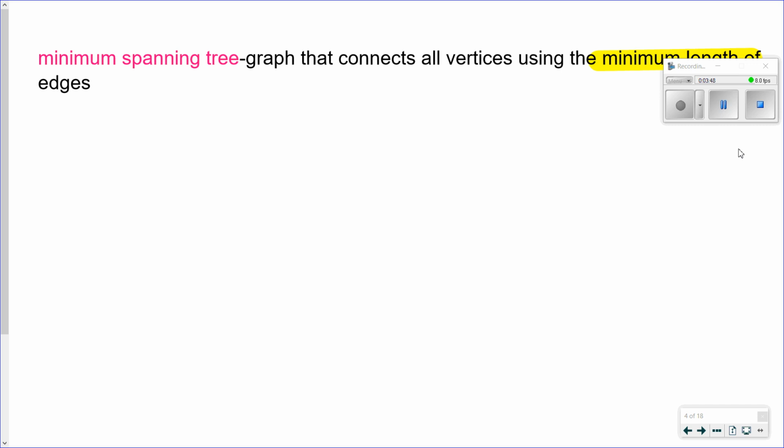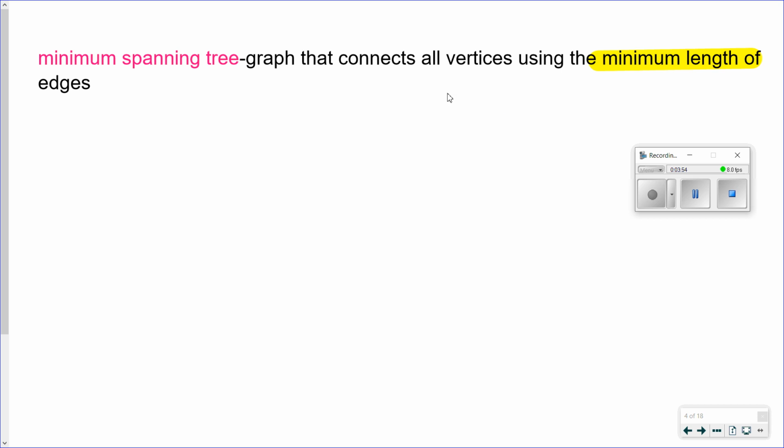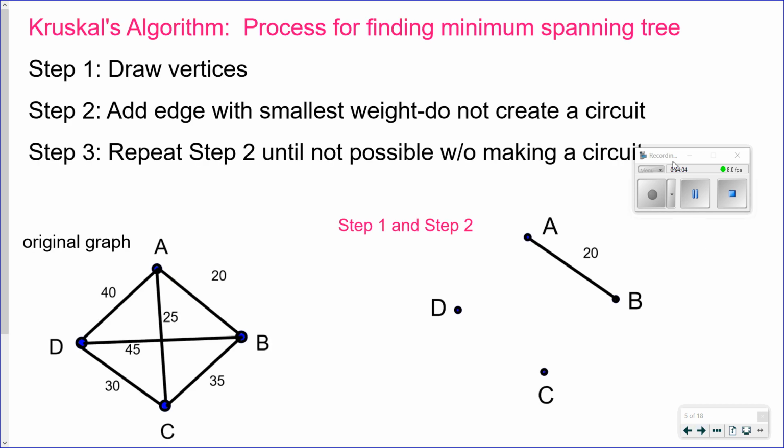All right, and then if we were trying to find the minimum spanning tree, of all the spanning trees that you could make, it's the one that uses the minimum length of edges. So we did have a process.